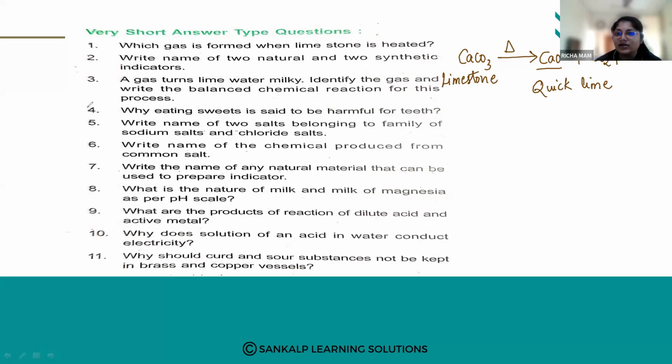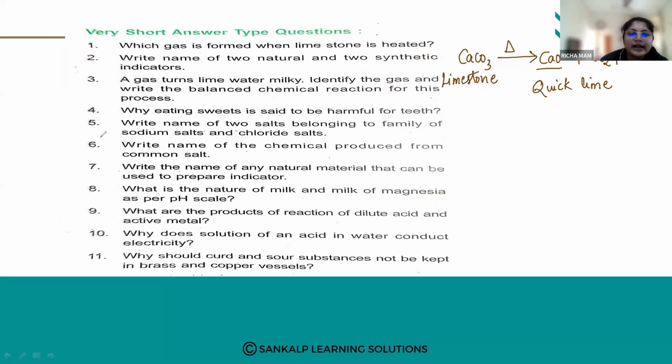So what should be your answer? Which gas is formed when limestone is heated? Carbon dioxide gas is formed when limestone is heated. This is your answer. Let us go for the next question.